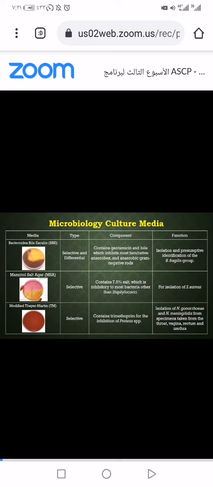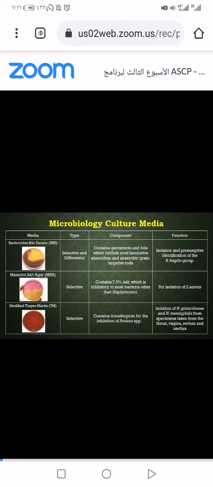If we want to check whether the culture contains Neisseria or not, the sample will most likely be a genital sample, and it will be mixed with the genital flora. We don't need all the genital flora, we only look for the Neisseria. So we use the Martin. Martin will suppress everything except the Neisseria.